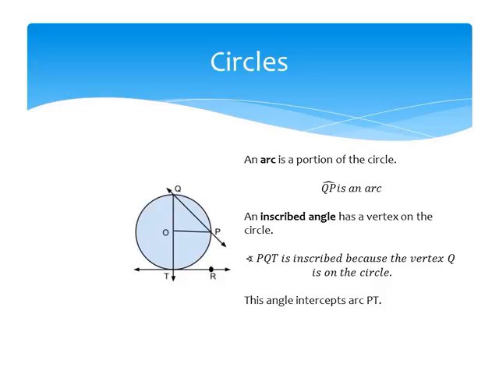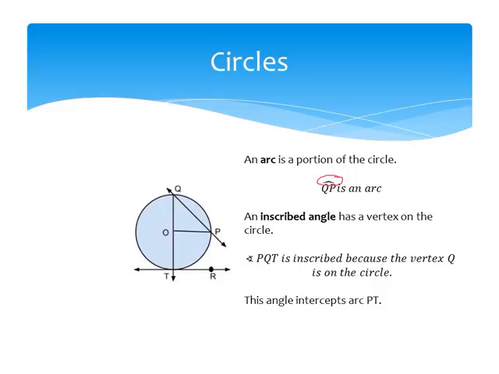Finally, just a little bit about arcs and angles. An arc is just a portion of the circle. So if I look here at arc QP, that is a portion of the circle, and you will see this symbol used to represent arc. An inscribed angle has a vertex on the circle.